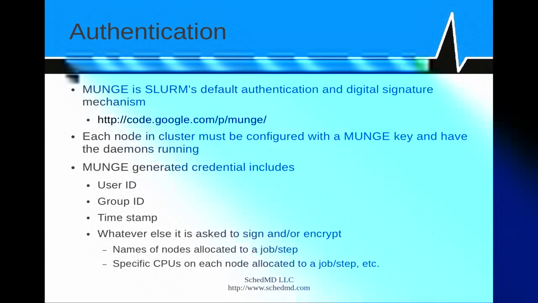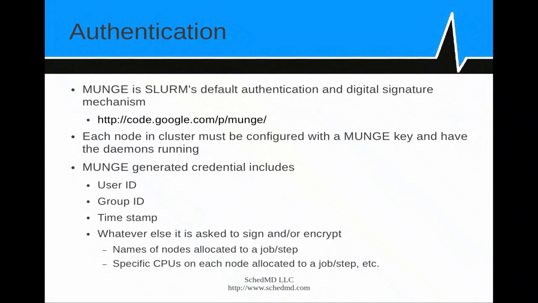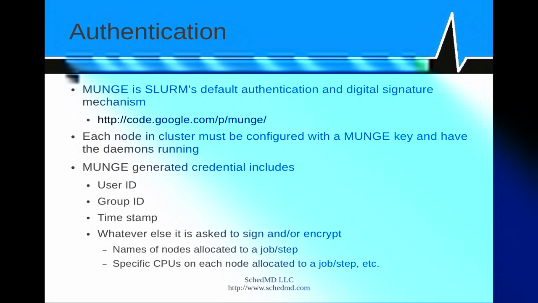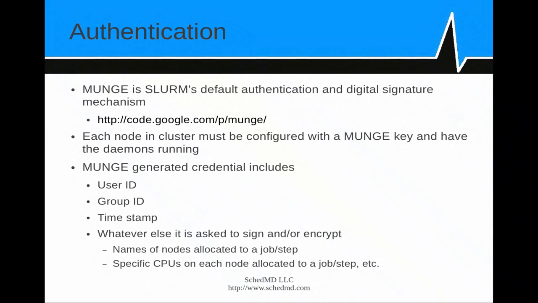So the credential includes the user ID number, the group ID, a timestamp, and whatever else is meant to be encrypted. Slurm includes the list of node names allocated to a job or job step.